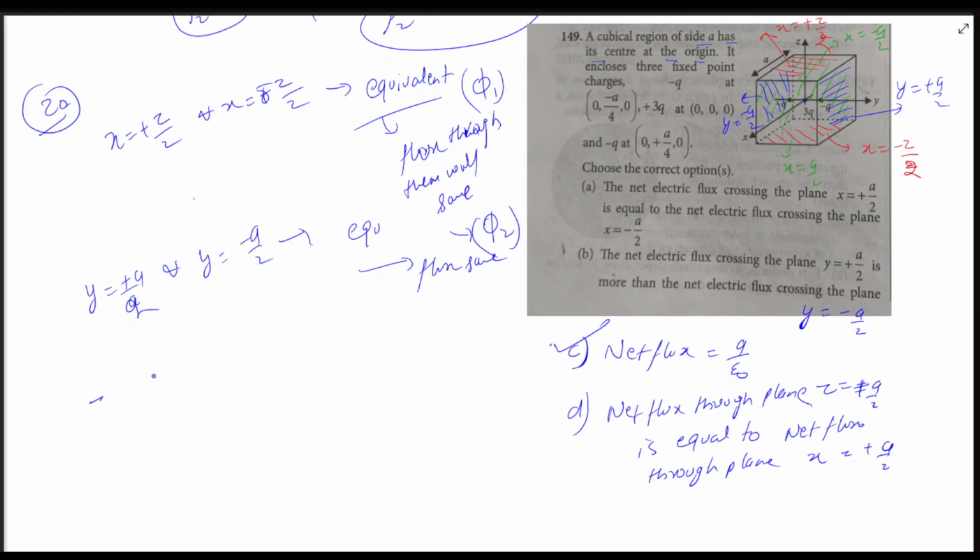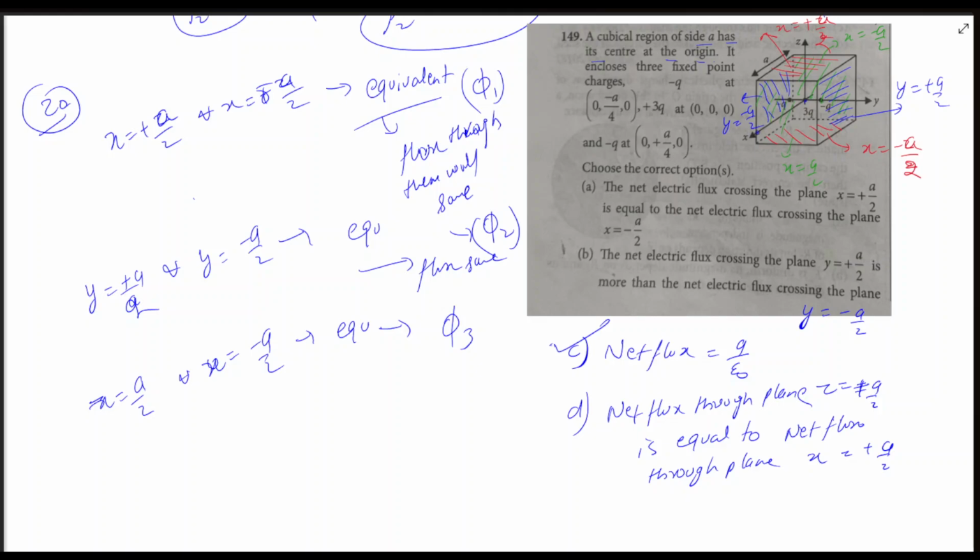Next we have x equals plus a by 2 and x equals minus a by 2. They are all a by 2, so this is a, not z. Again, they are equivalent, and the flux will be phi 3.